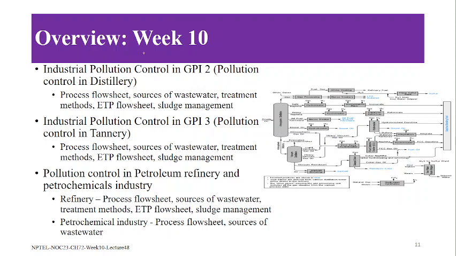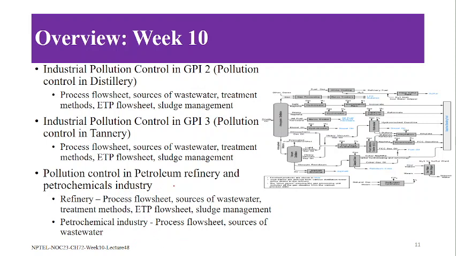Next, for the industrial pollution control in the GPI 3, we looked at the tannery industry, and tanneries are basically for producing the leather from the animal skin or hide. So in that, we looked at the process flow sheet, which involves the treatment of this hide to remove the hair or other components in it, and refining it to form the finished leather.